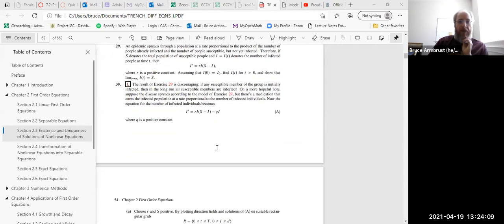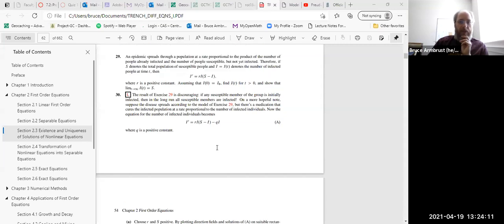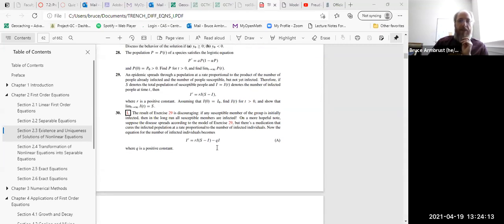So 2.2, number 30. It says the result of exercise 29 is discouraging. If any susceptible member of the group is initially infected, then in the long run, all susceptible members are infected. On a more hopeful note, suppose the disease spreads according to the model of exercise 29, but there's a medication that cures the infected population at a rate proportional to the number of infected individuals.